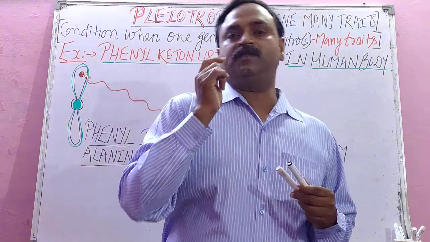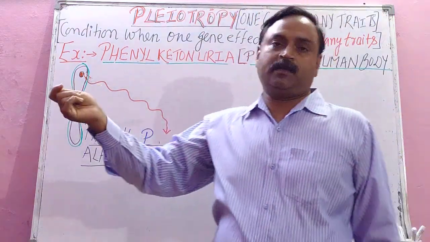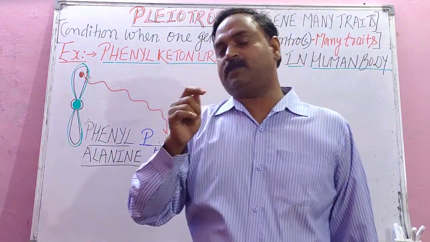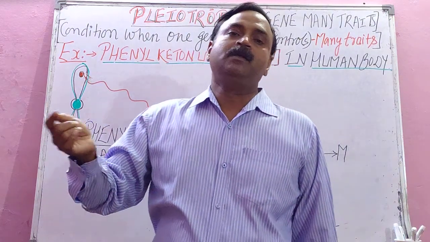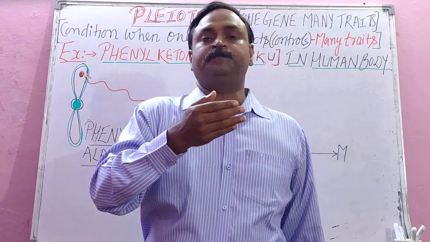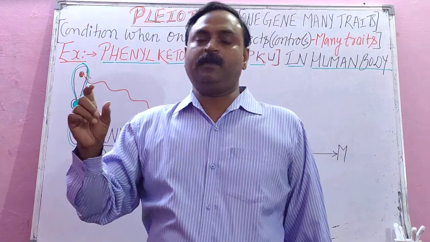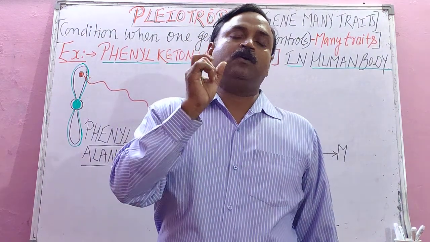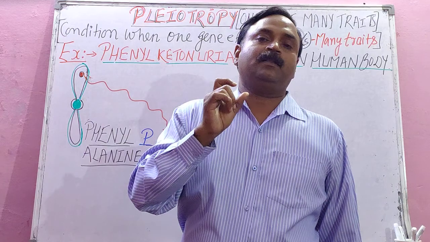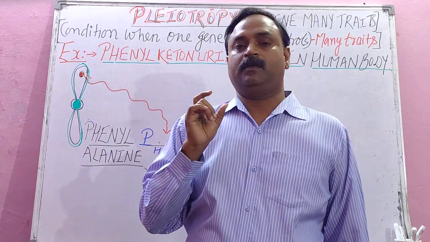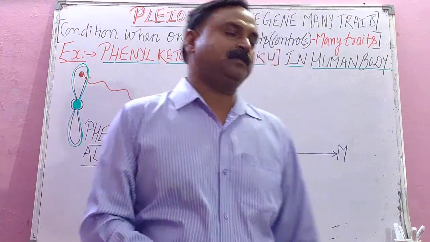Mendel told that one gene is responsible for one trait, like one gene in the pea plant was responsible for tall pea plant, then the gene responsible for the pod of the pea. So we have to keep Mendelism away from the mind. It is deviation from Mendelism.